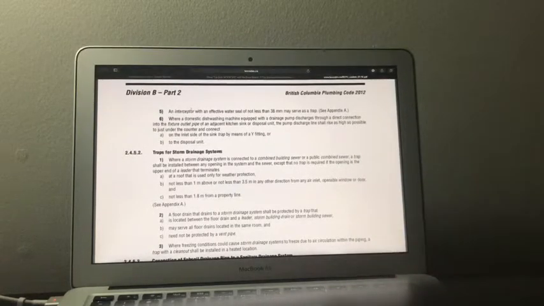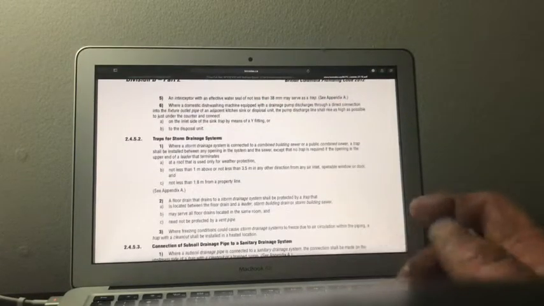And the reason I say drum style is I'm not literally calling it a drum trap. I'm just saying the design is very, very similar. Okay, so that's, to me, the only reason I could think why they would put this code here. But I just buy from the wholesaler.